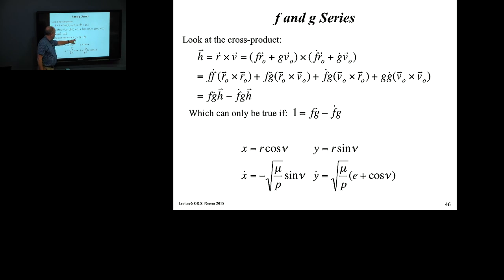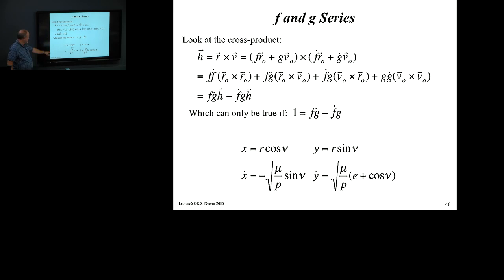He derives this expression by looking at the angular momentum in terms of the F and G functions. So 1 is equal to F times G dot minus F dot times G. Now we have a way to compute all these F and G functions. We start by computing our position and velocity in the PQW frame.